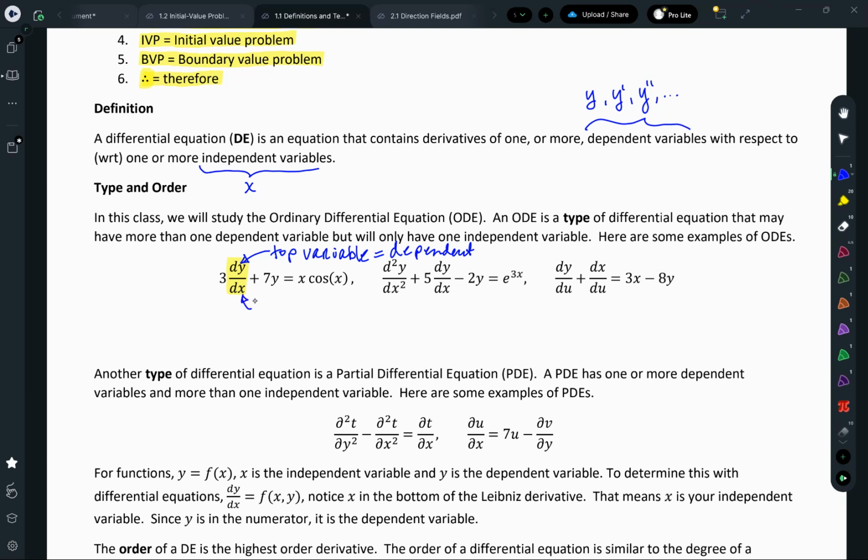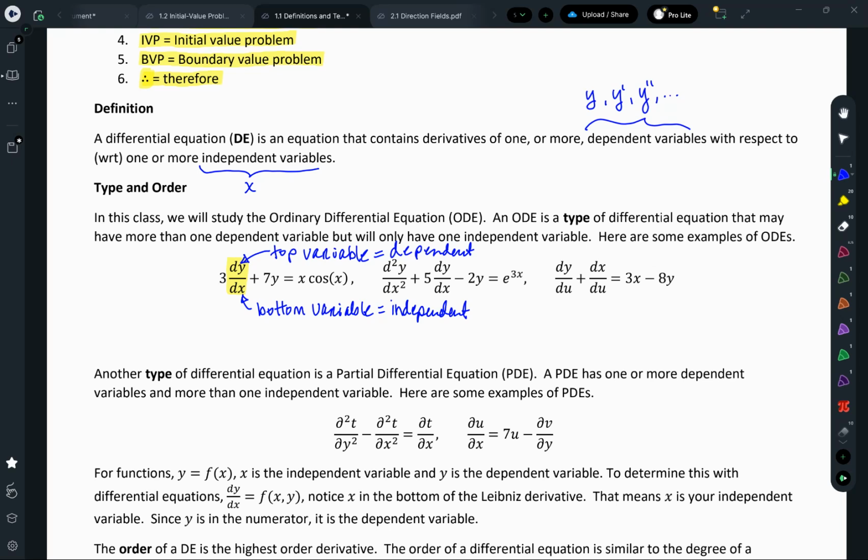And the bottom variable, that's always going to be the independent variable. So it shouldn't matter whether this is a first derivative or a second derivative or anything like that.